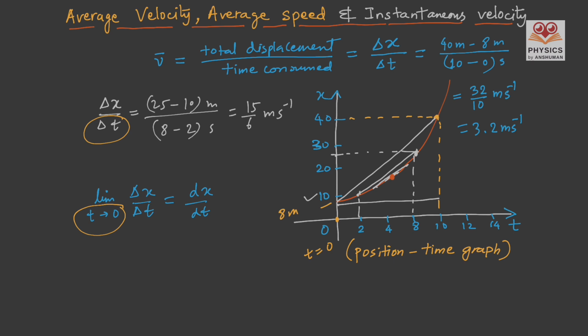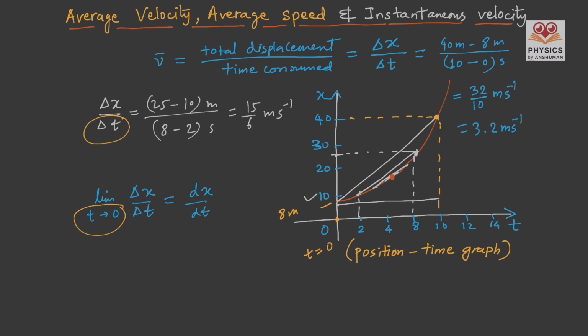Everything related to this kind of mathematical calculation comes under a branch of mathematics called calculus. And calculus is really smart, because to define this instantaneous velocity in words, I would be covering half of the screen.